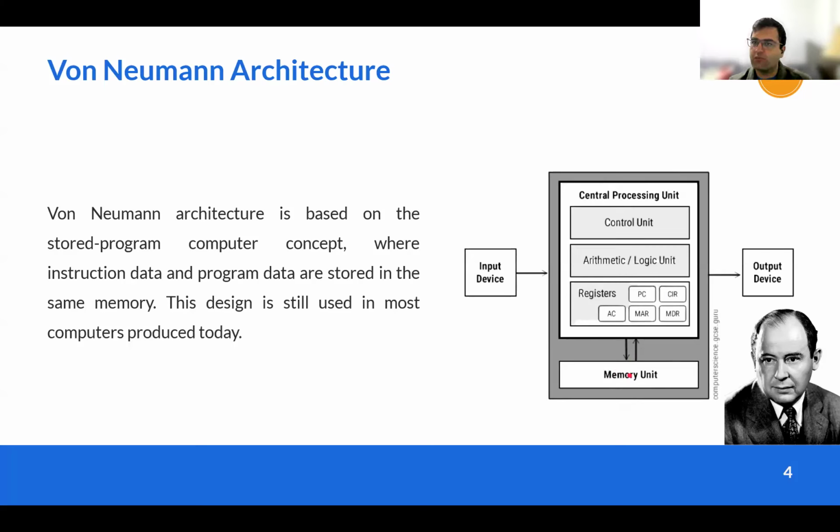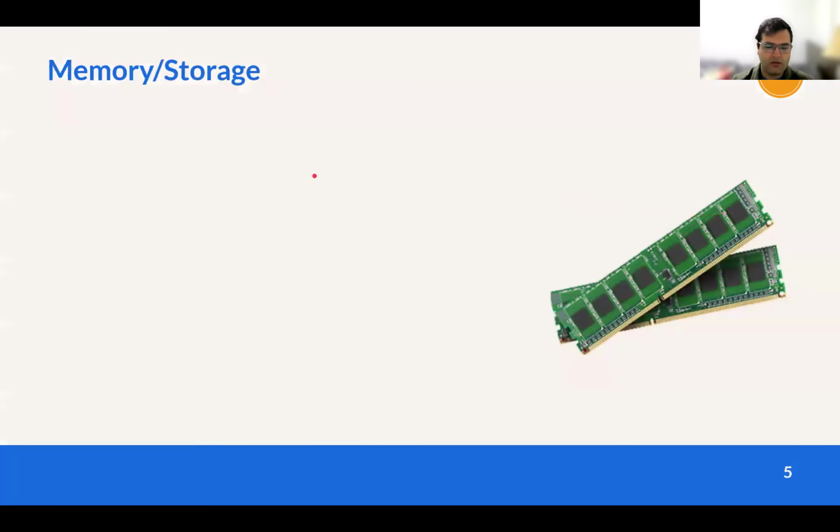So when you turn on your computer, you run an application. That software is moved from the permanent storage to the memory unit, and then it starts communicating with the CPU. So speaking of memory and storage, it comes in two forms.